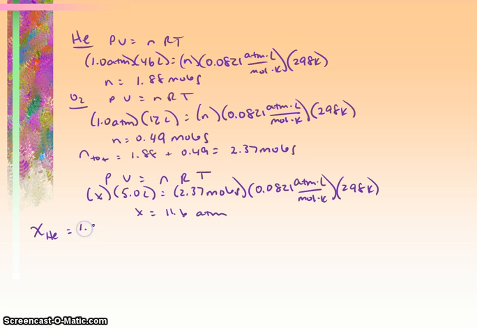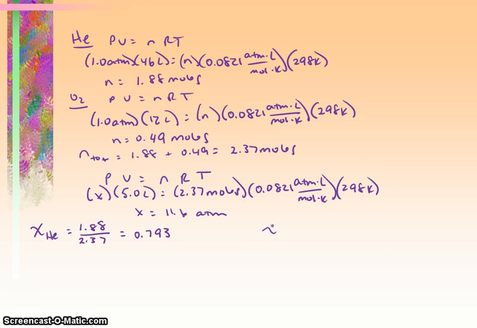So 1.88 over 2.37 is going to give us 0.793. And we're going to leave it as a decimal, even though it's called a mole fraction. It really means that the helium is 79.3% of the total gas.